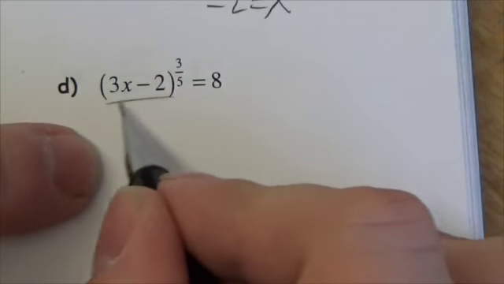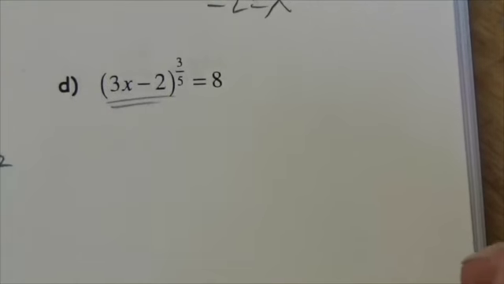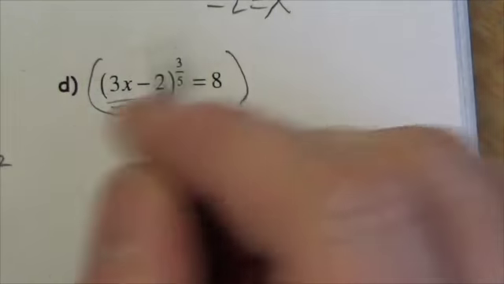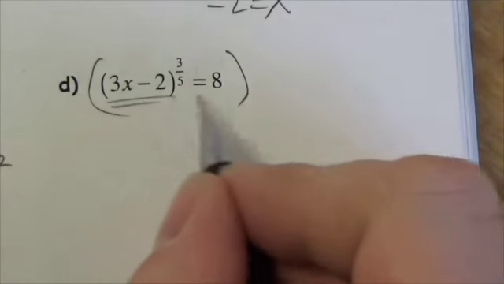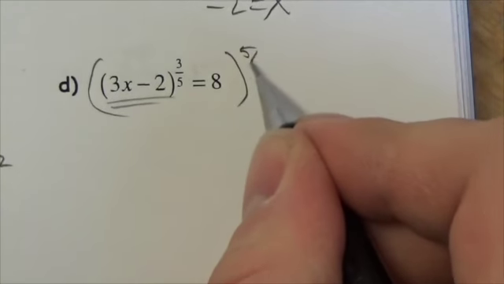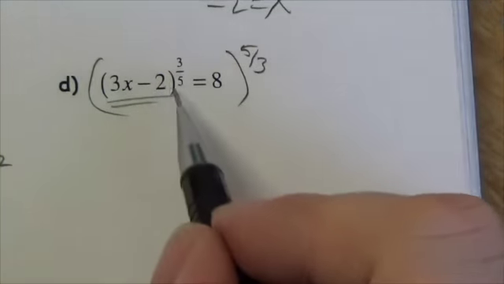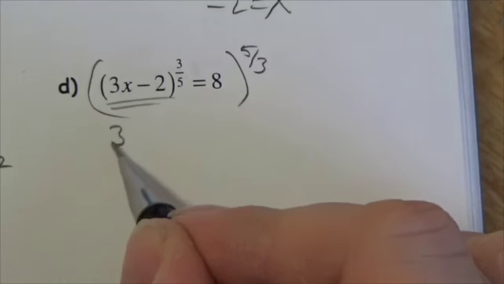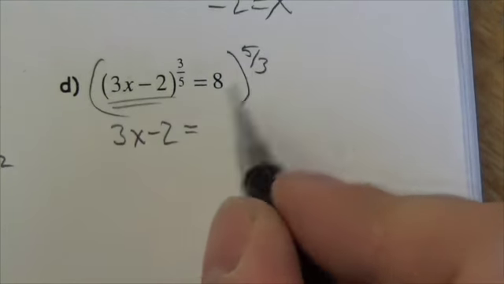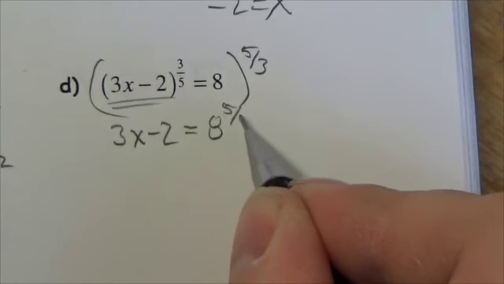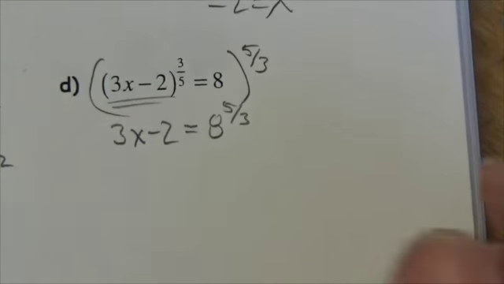Don't let the fact that the base is a binomial throw you off. That's totally okay. It's still power equals number here. So I'm going to raise both sides to the reciprocal power. Now on the left-hand side, that's just going to leave me with 3x minus 2. On the right-hand side, I'm going to get 8 to the 5/3.